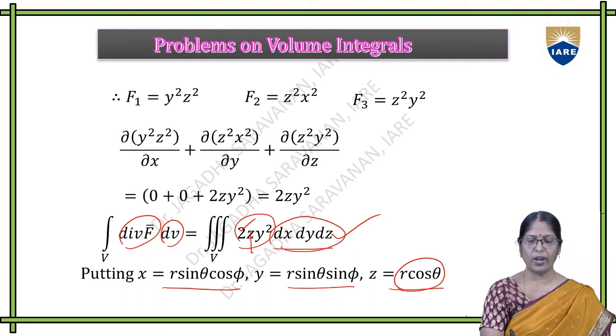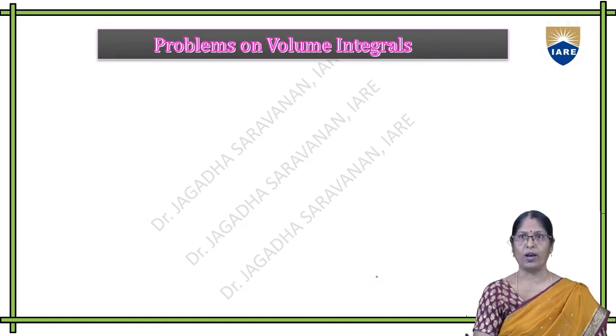For this dx dy dz, according to our formula we use the Jacobian.